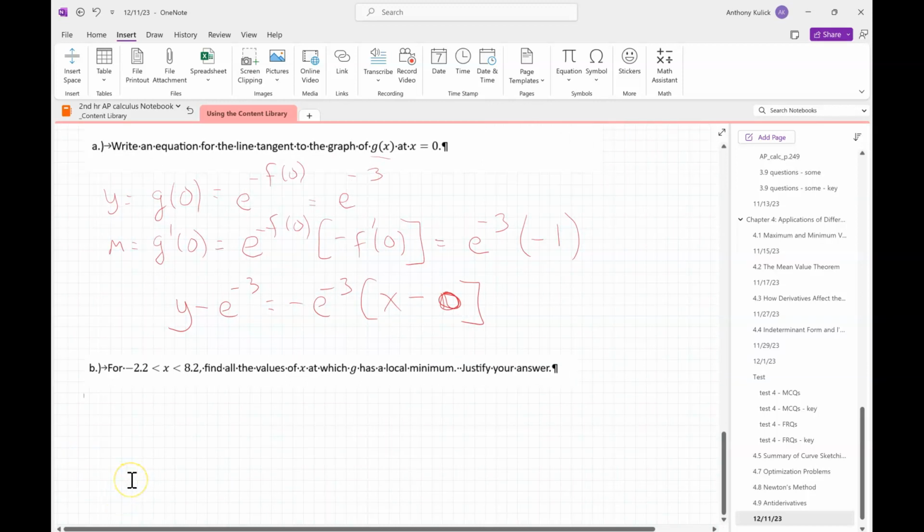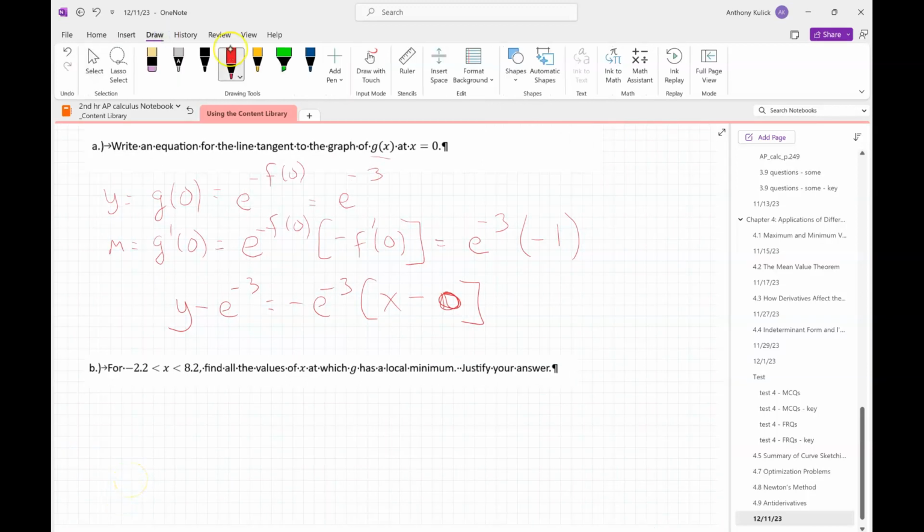For the next one, it says we're given an open interval and asked for the values where g has a local minimum. So we're going to be worrying about where g prime is equal to 0. And we said g prime was e to the negative f of x times negative f prime of x.